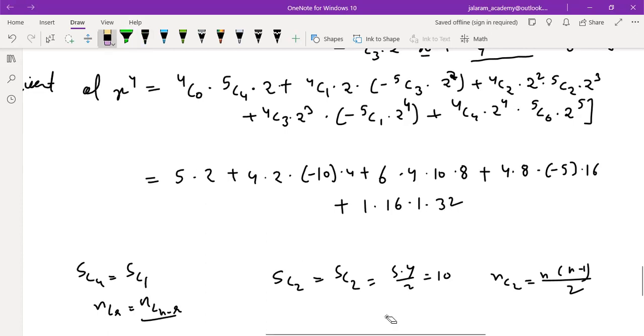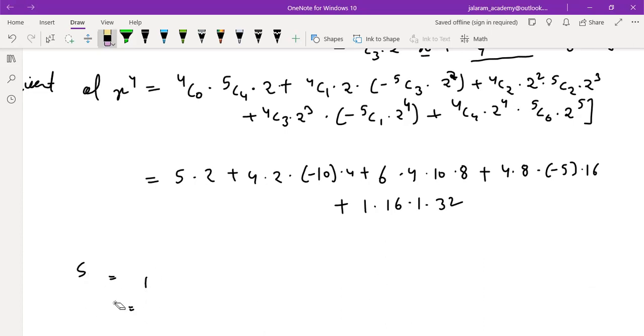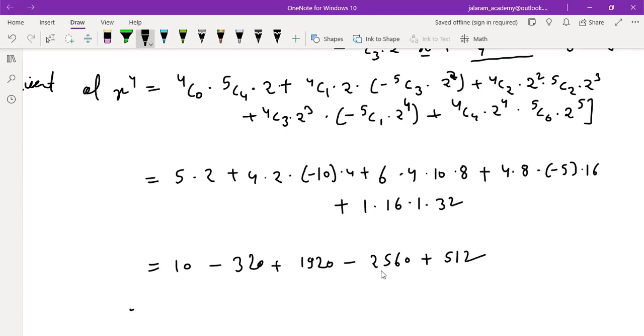Now we have to do the calculations only to find the coefficient of x to the power 4. 5 into 2 is 10, then 4 into 2 is 8, 10 into 4 is 40, 8 into 40 is 320. 6 into 4 is 24, 24 into 80 is 1920, minus 4 into 8 is 32, 32 into 16 is 512, into 5 is 2560, plus 512.